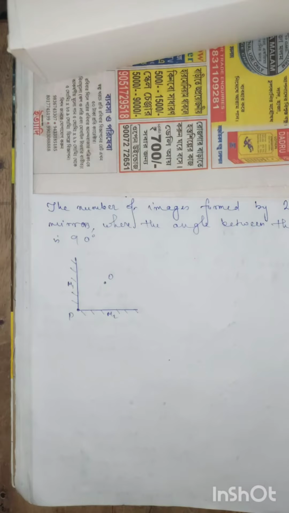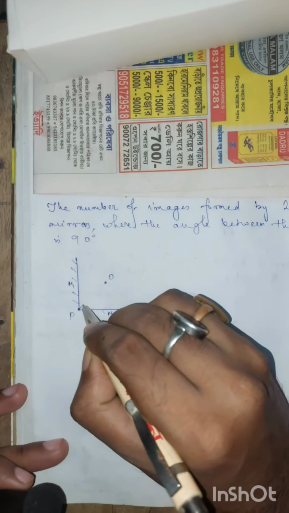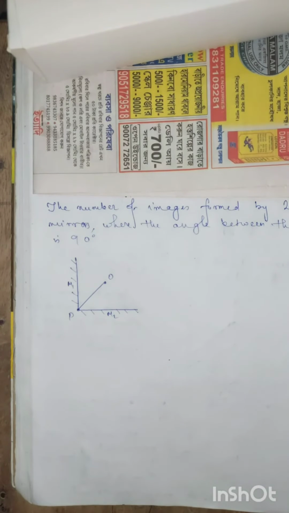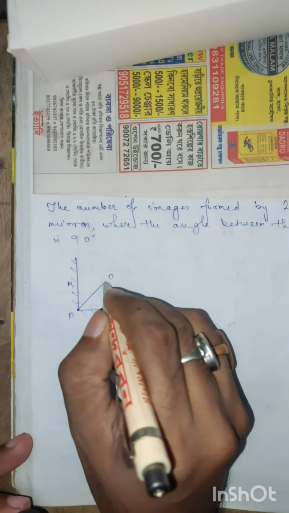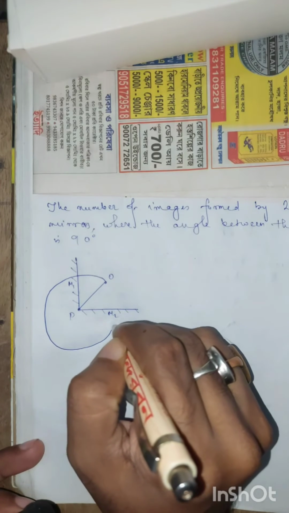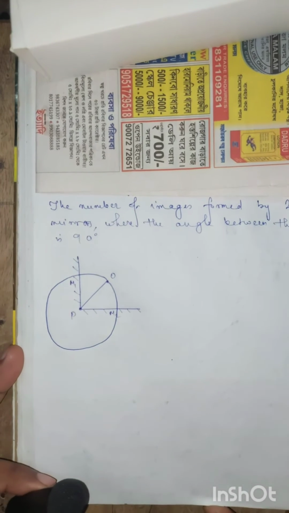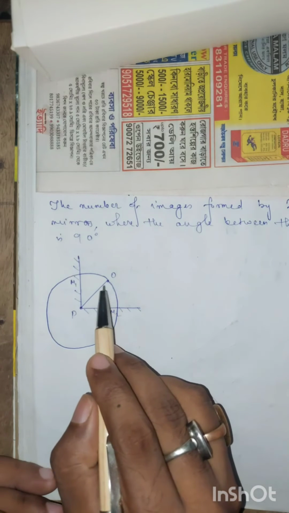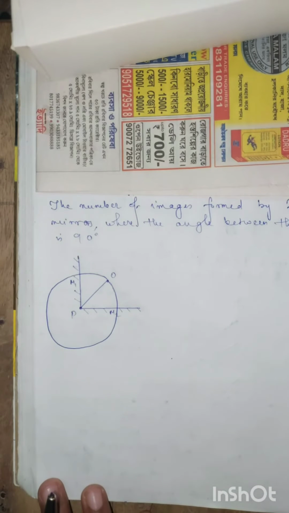Now we know that if we join these 2 points, we are getting a line segment, and using this line segment as radius, if we draw a circle something like this, the object and the images will lie on the circumference of it.